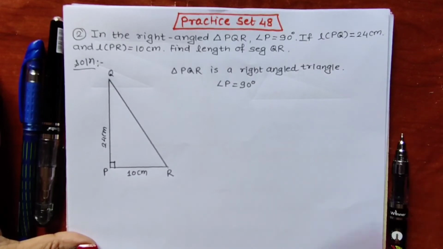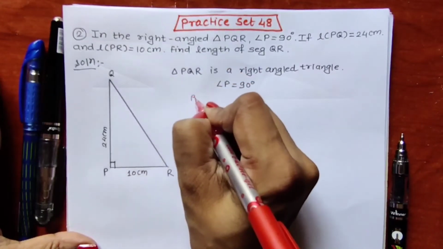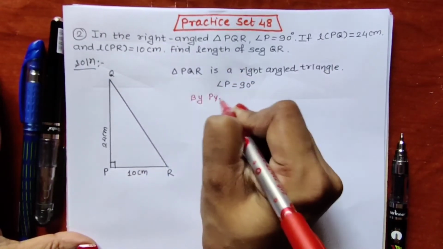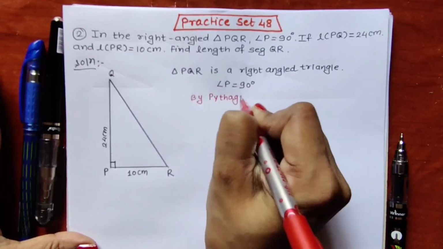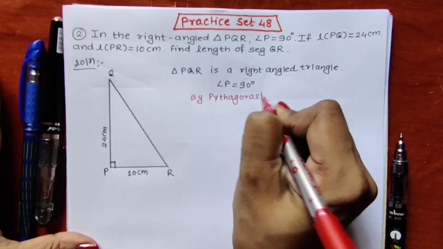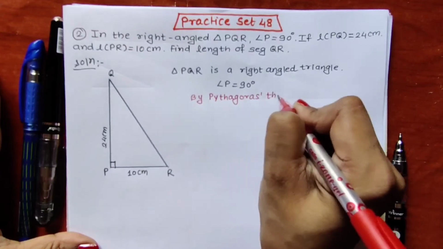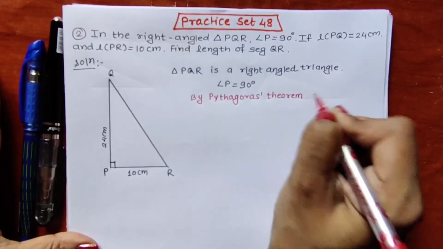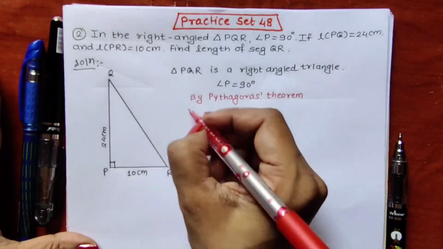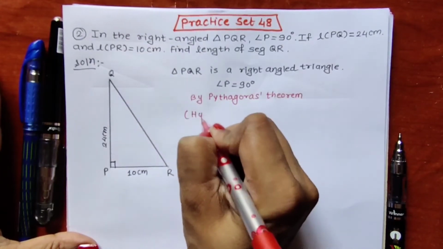Now what should be written next? By Pythagoras theorem. Okay, so Pythagoras theorem, we have to write the formula.